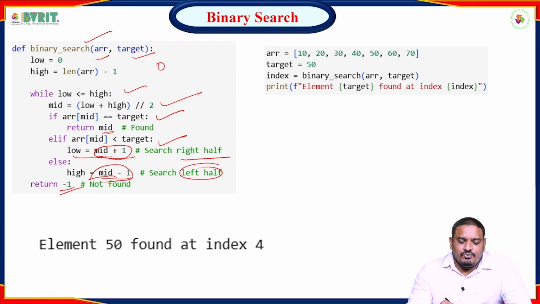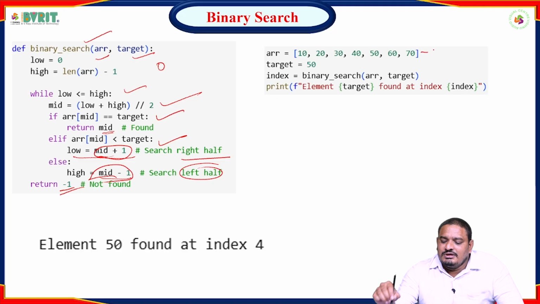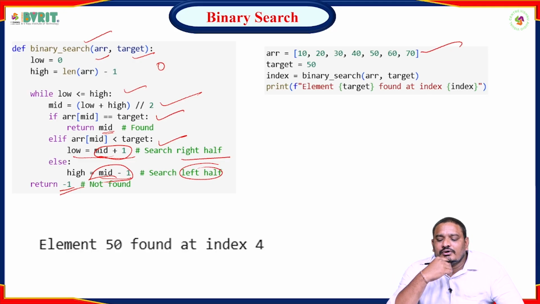In the previous example, we take these elements: 10, 20, 30, 40, 50, 60, 70. Our target is 50. Next, we find the index value using binary search, passing the array elements and target.